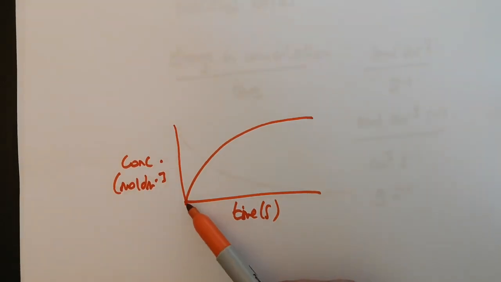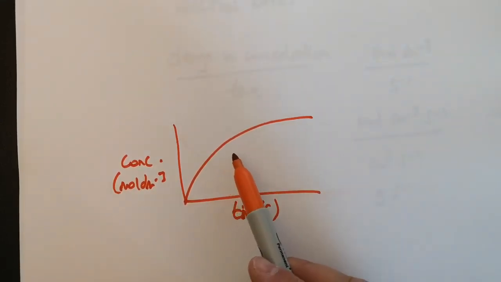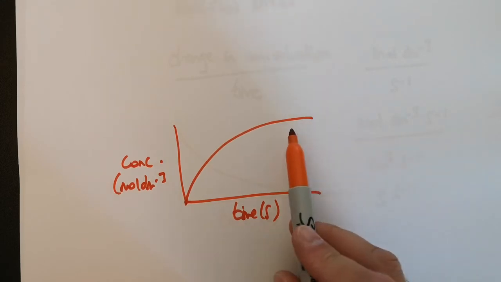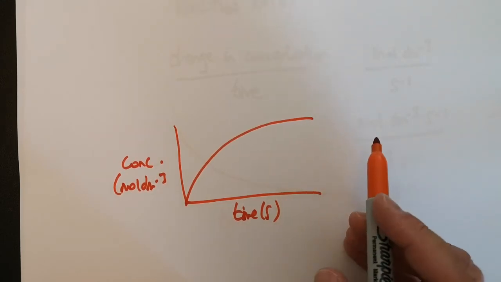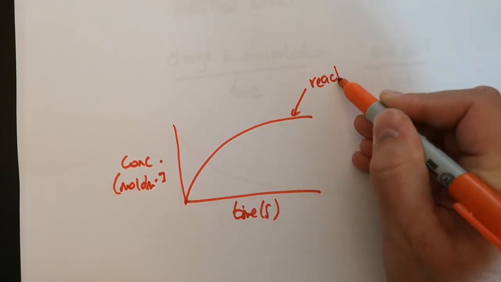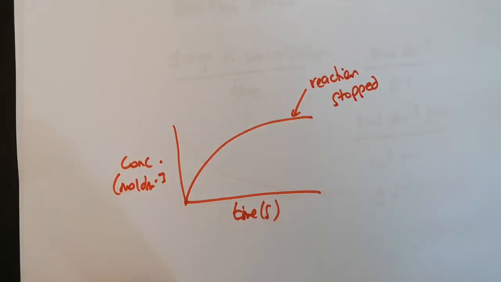Again, we produce the product faster at the beginning, and then the speed at which we produce the product levels off, and eventually you get to a point where it plateaus, where it goes flat. That is the point where the reaction stops. So I would say about here the reaction has stopped and there is no more product produced.